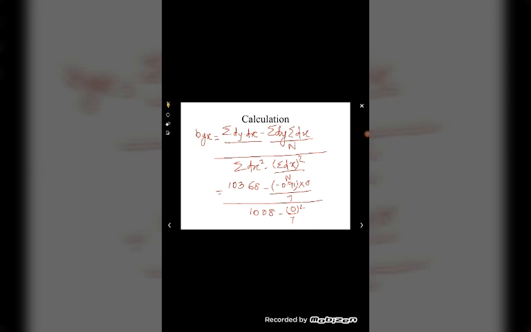Summation of dx is 0, divided by the number of observations, that is 7, whole divided by 1008. What is 1008? That is the summation of dx square. So 1008 minus 0 divided by 7, the whole square.